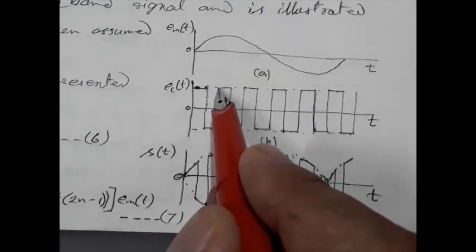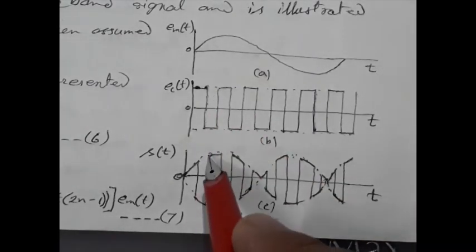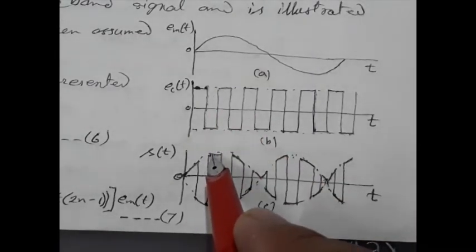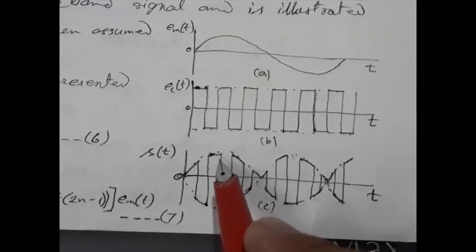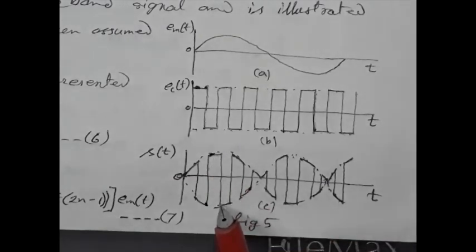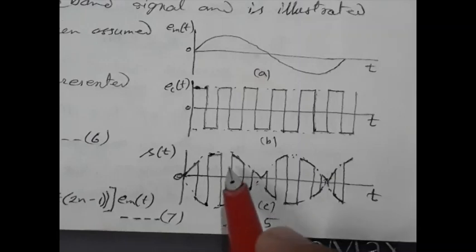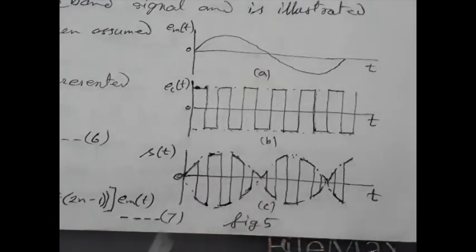At this point, we have the positive half cycle. So again it will be multiplied by +1 and move in this way. Then again it will be multiplied by -1. So it will go on in this way. By alternate multiplication of +1 and -1, we will have this type of waveform.